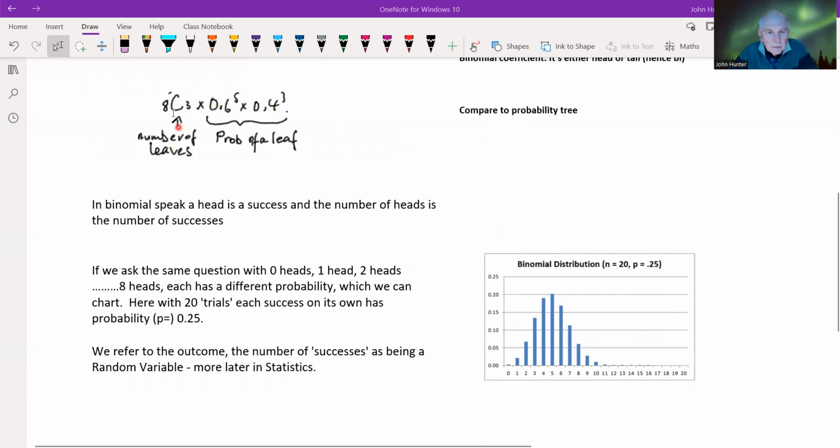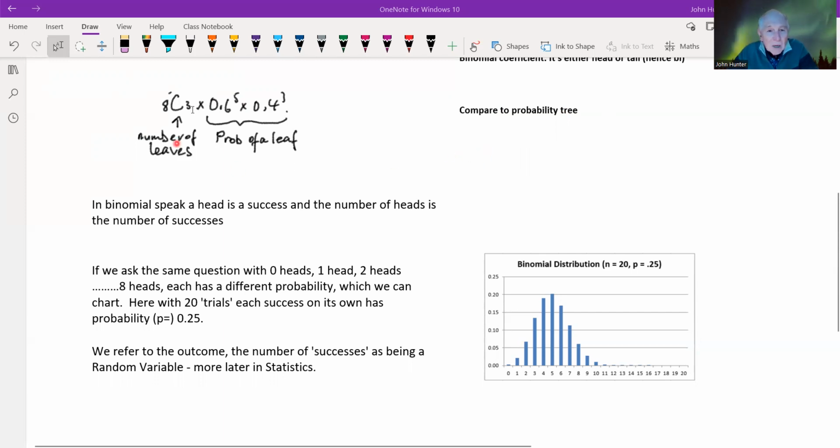Okay, so this is what we've got. If we think about it in terms of the probability tree, you could draw a probability tree for this, couldn't you? You've got 8 levels of branches. There's only 2 events coming off each node, but you've got a lot of different possibilities there.